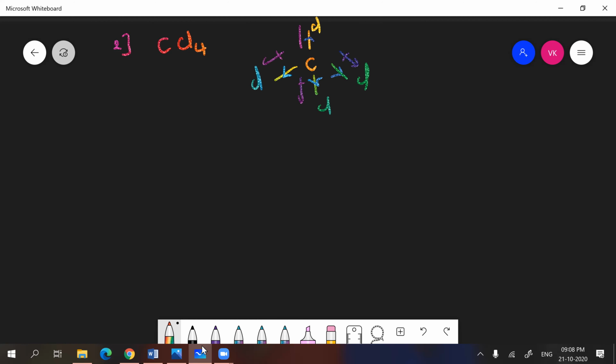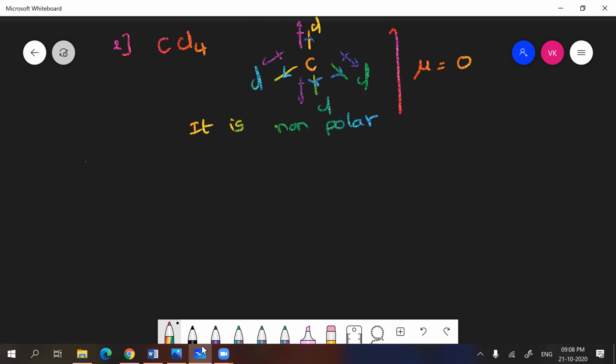But it is a symmetrical structure. So whenever it's a symmetrical structure, the net dipole moment value again becomes 0. That means it is non-polar. Net dipole moment value is 0, so it's non-polar.